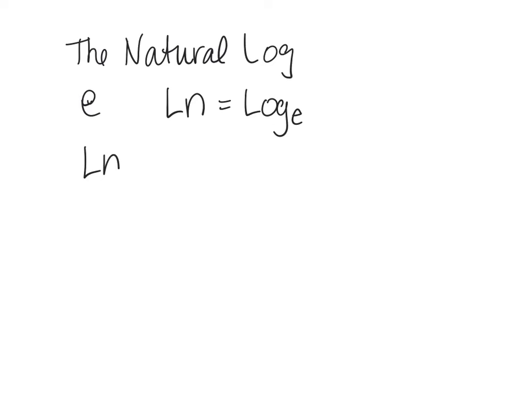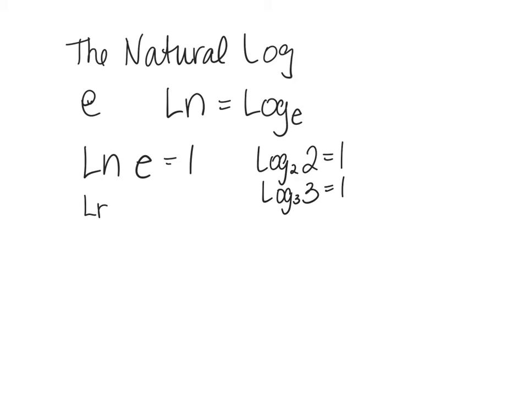So the natural log of e is equal to 1, just like log base 2 of 2 equals 1 and log base 3 of 3 equals 1, because 3 to what power equals 3? It's 1. So whenever you see ln, you need to think log base e. So if I have ln of e to the x, that equals x.